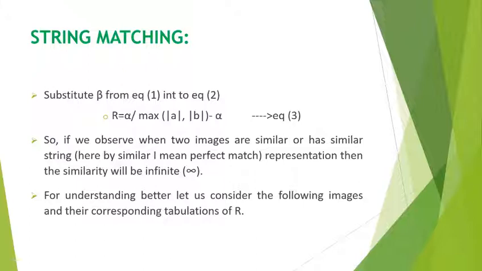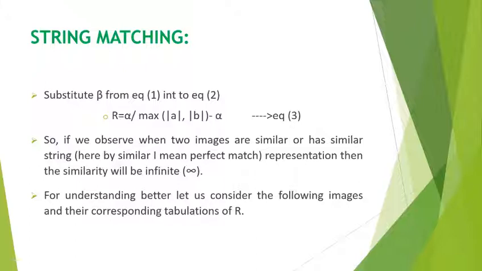If two strings are perfectly matched, the maximum of mod a comma mod b minus alpha will be 0, which implies that R equals infinity. So the similarity is infinite, which means they are perfectly matched. From this we can tell that when two images are perfectly matched, R will be infinity.